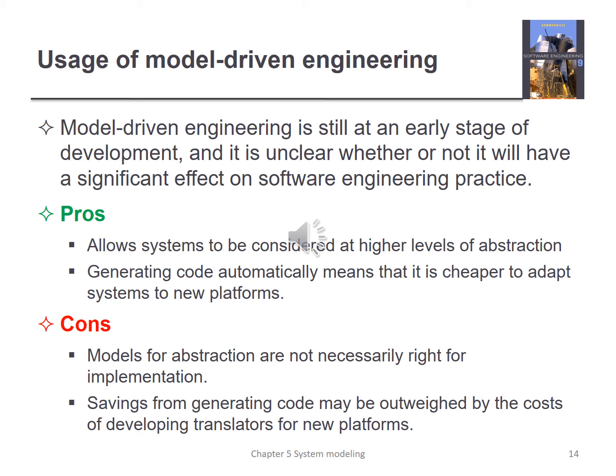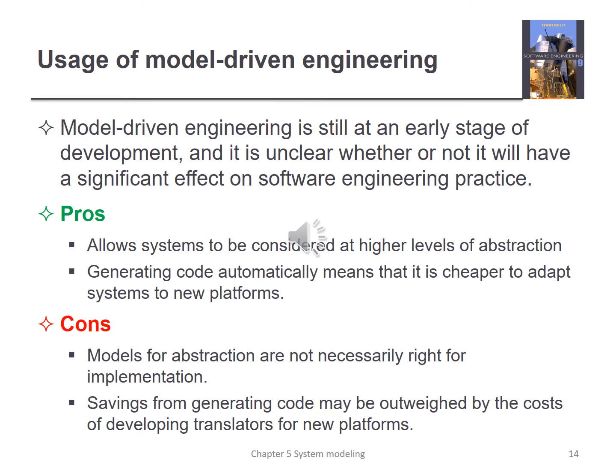But we know how bad abstraction is for user requirements, because it takes many different interpretations. When you abstract something, it's not clear what you are really doing in there. But here they consider it an advantage. The pros say generating code automatically means that it is cheaper to adapt a system to a new platform. It's quicker and cheaper. And in this case, probably they don't need programmers anymore.